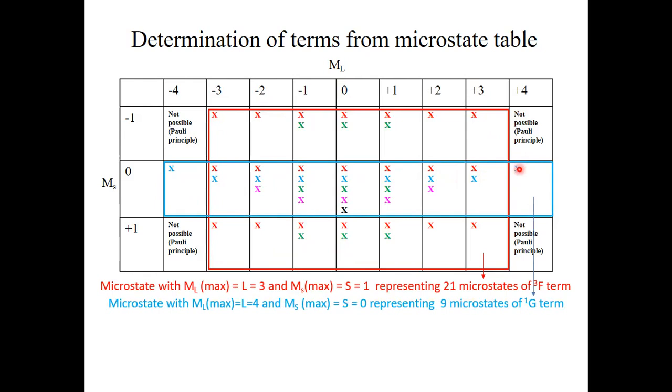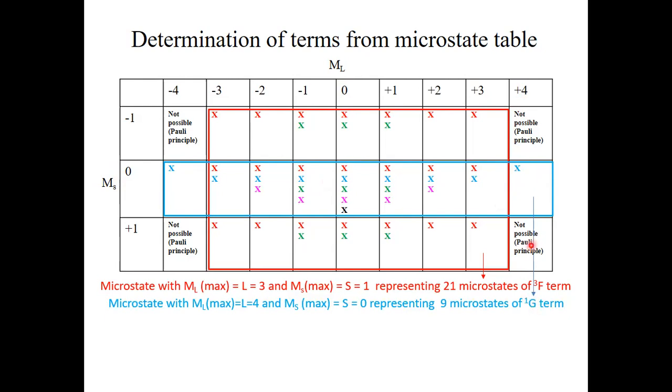So now again, the microstate with the highest capital MS and the highest capital ML values determines the term symbol. So you see that in this case, this is this one here, because capital ML is +4, and we have here only one microstate, which is associated with a capital MS value of 0. So for that reason, this is a 1G term.